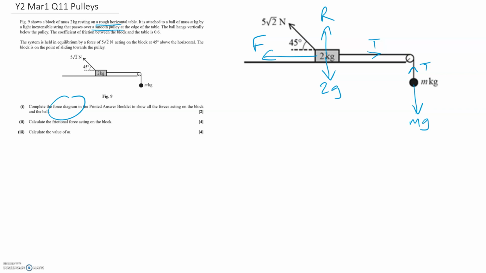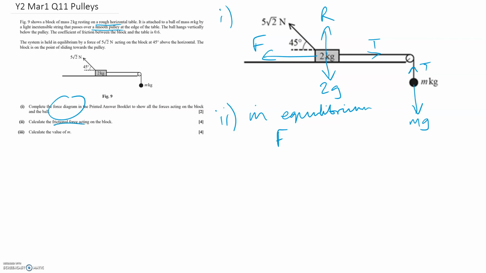So let's do part 2 then. In part 2, we're told the whole system is in equilibrium. What do we need to know? We need to know the frictional force.